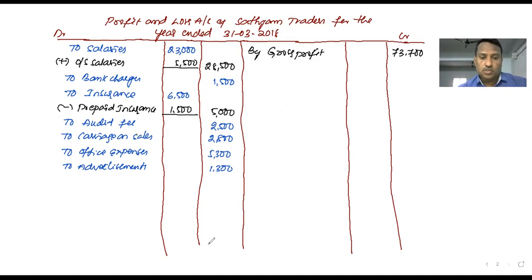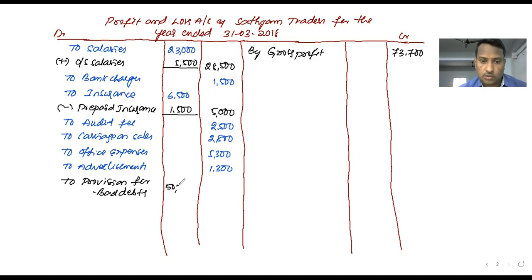Let's see. Provision for bad debts on debtors is 5%. To provision for bad debts. It is the doubtful debts, which are considered as a loss, on debtors at some percentage. What is the debtors value? Debtors value is 50,000.